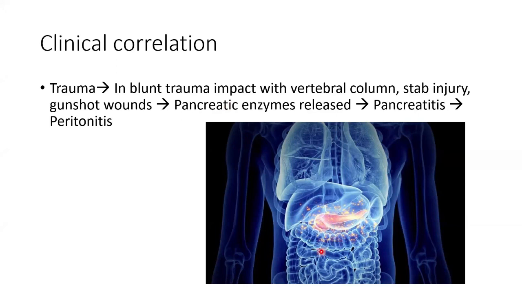And during stab injury or gunshot wounds, the pancreas can get damaged and the pancreatic enzymes can be released. This will cause pancreatitis, and as the enzymes are released, it will cause damage to the surrounding structures as well and cause peritonitis.